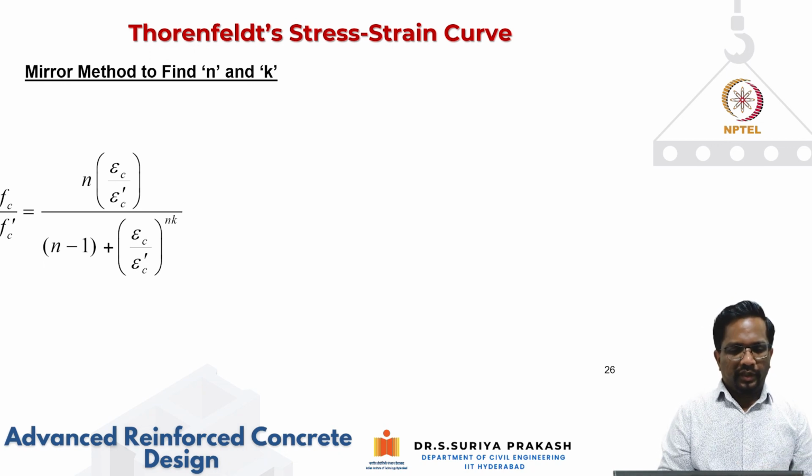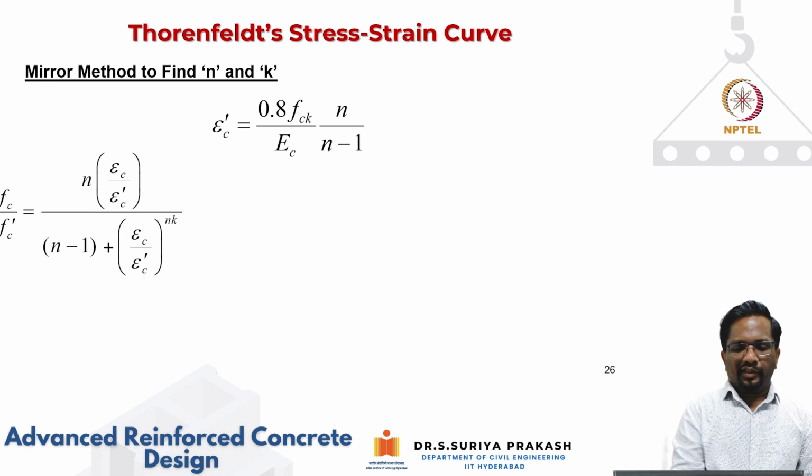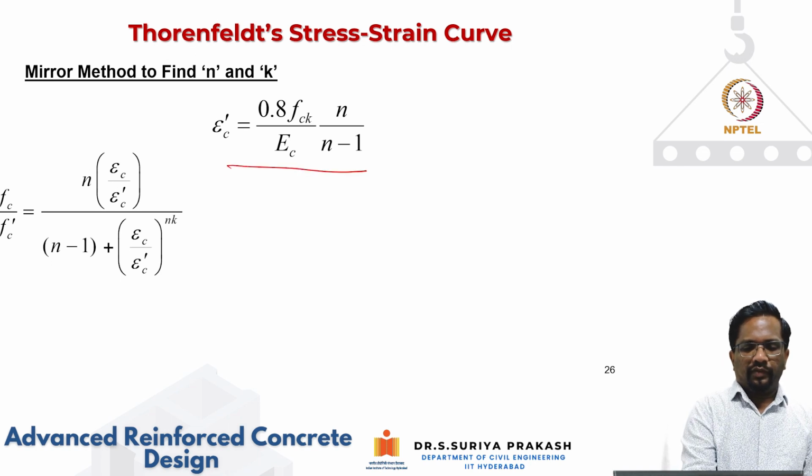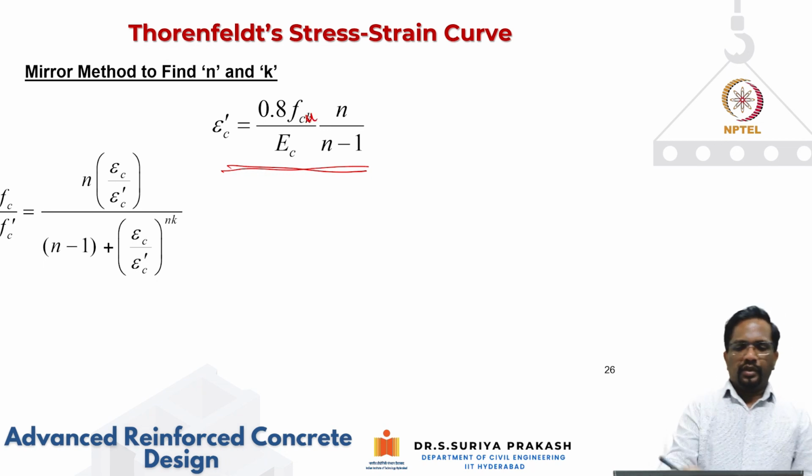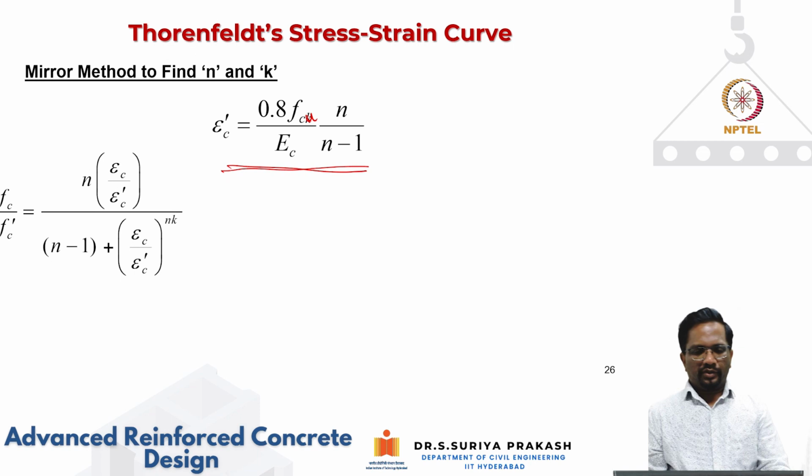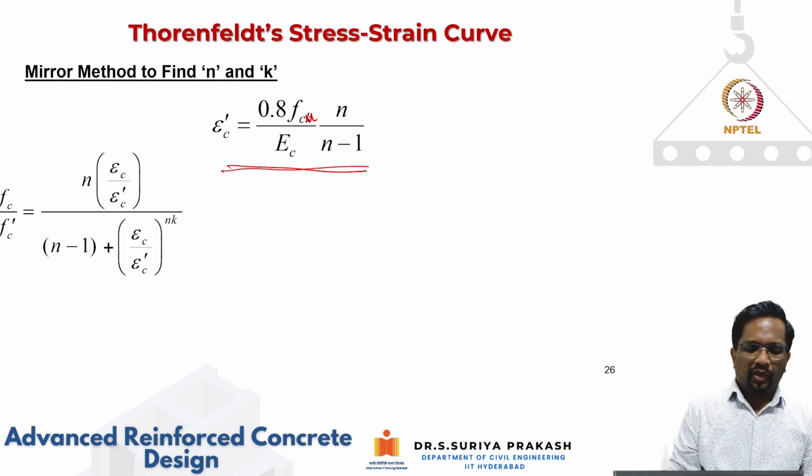So now let us see what this is. For example, for epsilon prime c, if I give you the cube strength, these are all calibrated with cube strength. So epsilon prime c is given as 0.8 fcu by Ec times n by n minus 1.